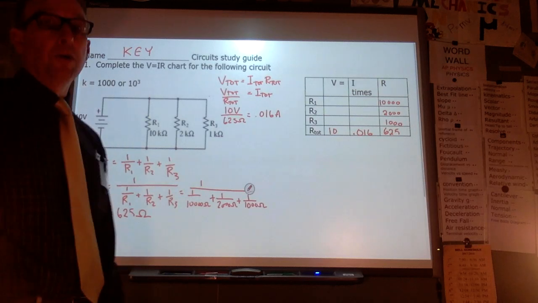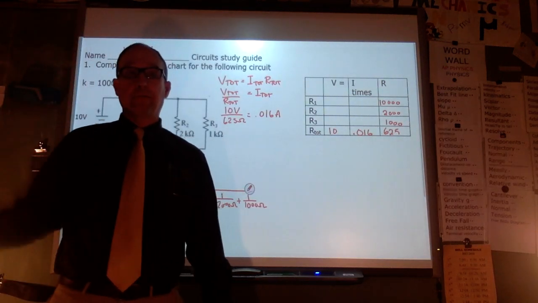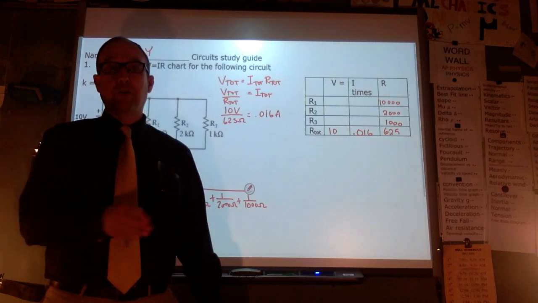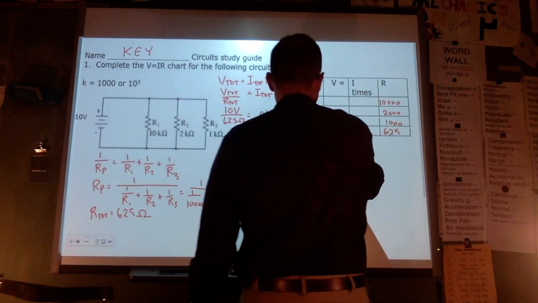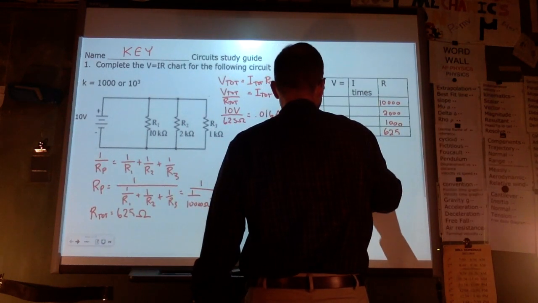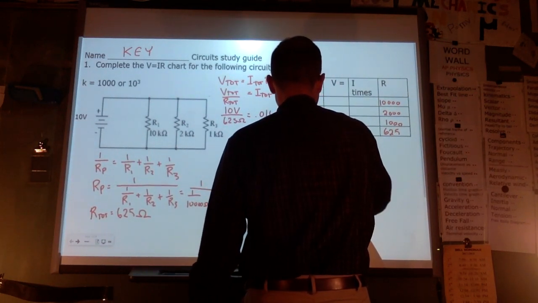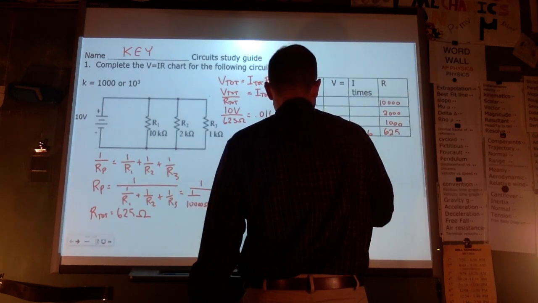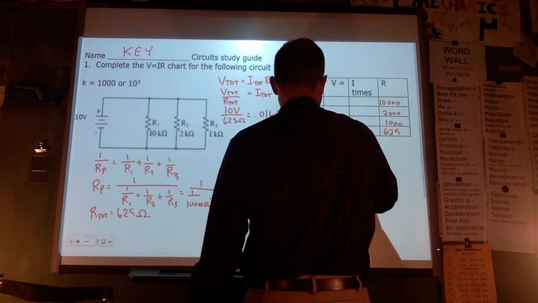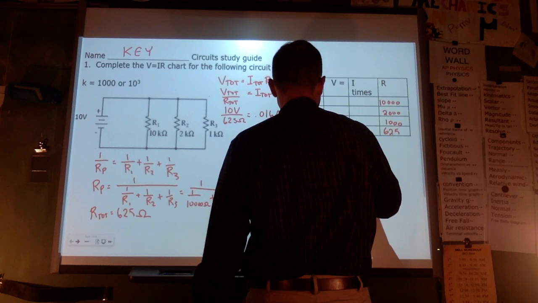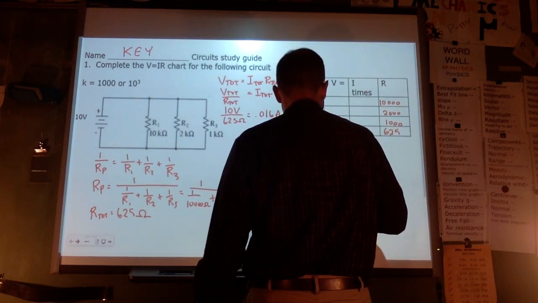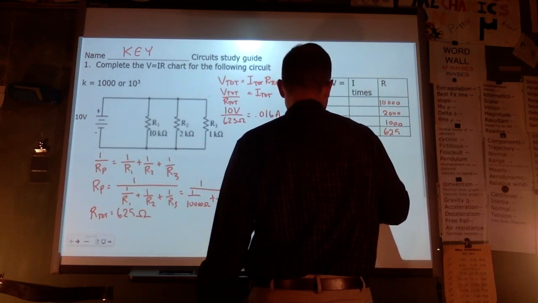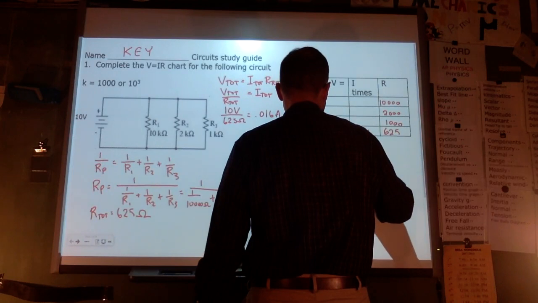All right, now, once you get to this point where you have everything you know and the totals, you have to remember ISVIP. So ISVIP tells us that current, which is what I is, is the same in series and voltage is the same in parallel.